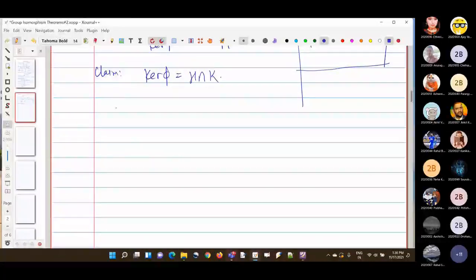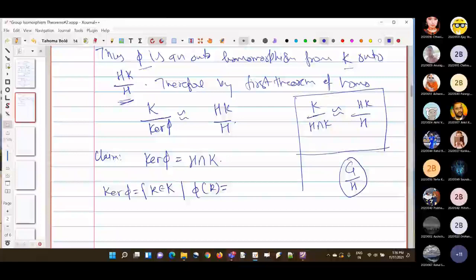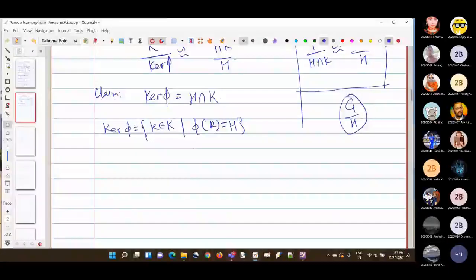Kernel of phi is what? Kernel of phi is the collection of all, because this is a map from K to this quotient group, all those elements of K such that phi of k is equal to the identity of this. So what will be the identity of a quotient group? Suppose G is a group and H is normal in it, then we can talk about G by H. What is its identity? Its identity is H. I think it is clear to you.